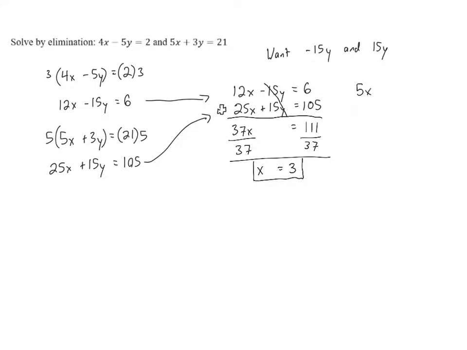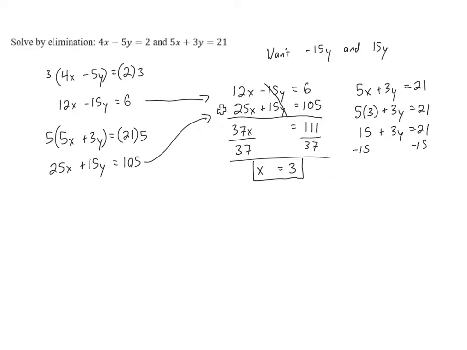I'm going to choose 5x plus 3y equals 21 as the equation that I use for this substitution because the coefficient on y is positive and we want to solve for y, so it makes it a little bit easier. When we substitute in 3 for x, that gives us 5 times 3 plus 3y equals 21. 5 times 3 is 15, so this gives us 15 plus 3y equals 21.